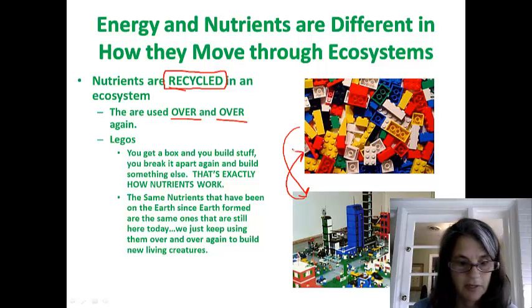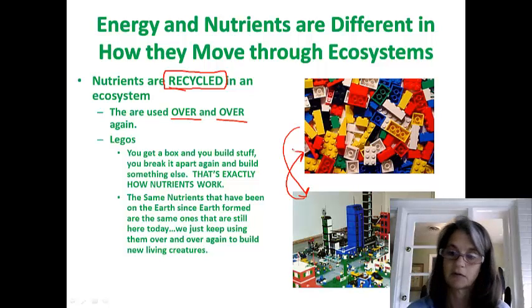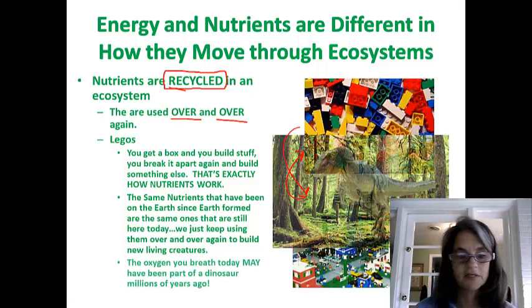The same nutrients, the same Legos, the same molecules that have been on the earth since the earth formed are the ones that are still here today. They've been used over and over and over again. We keep using them to build new living creatures. Those living creatures die. Those nutrients, those molecules are recycled.